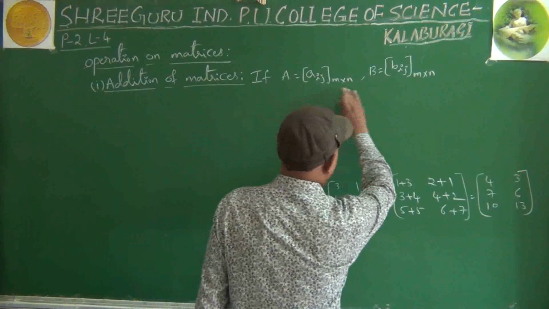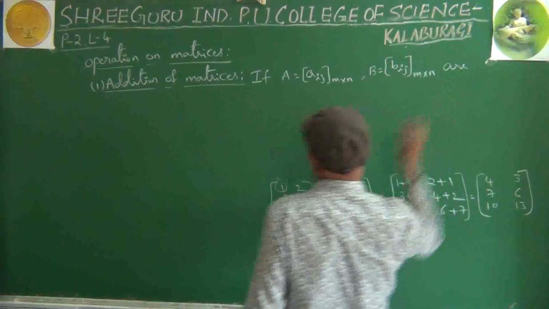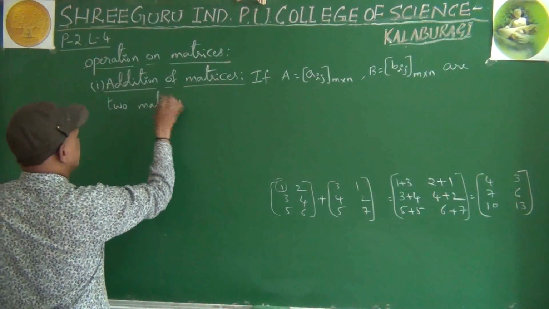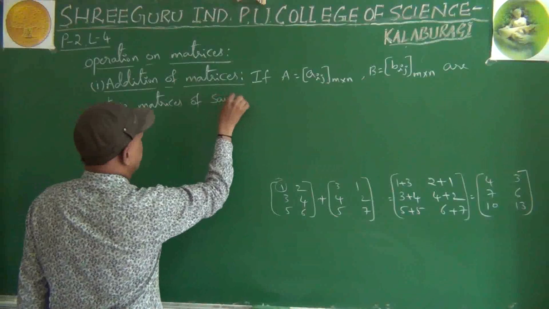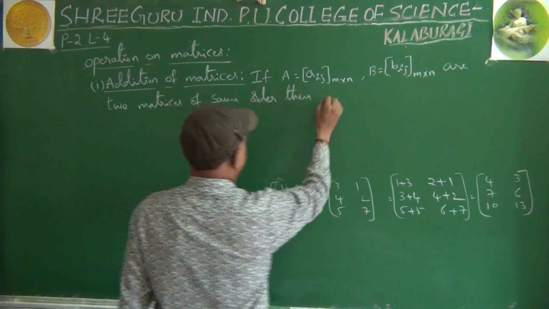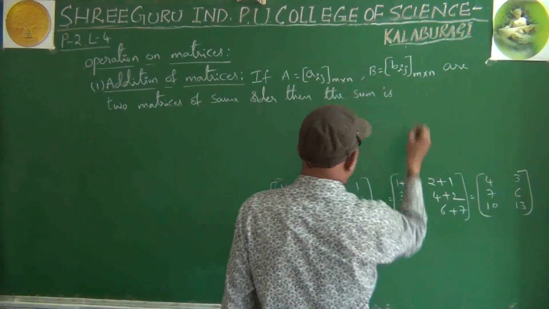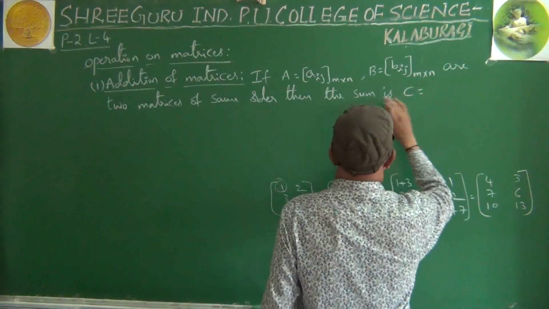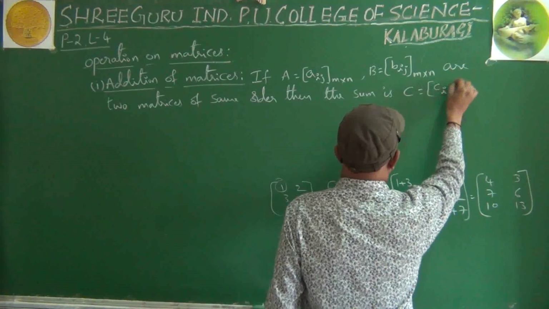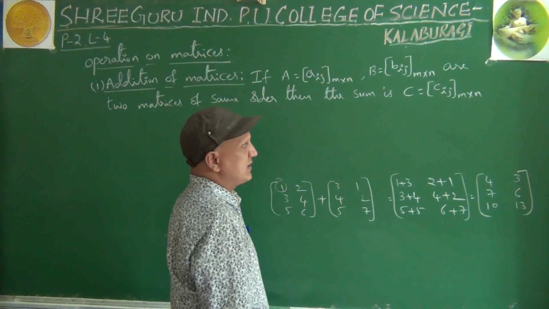If capital A equals Aij m by n matrix, B equals Bij m by n matrix, or two matrices of same order, then the sum is C equals Cij. This also m by n order.